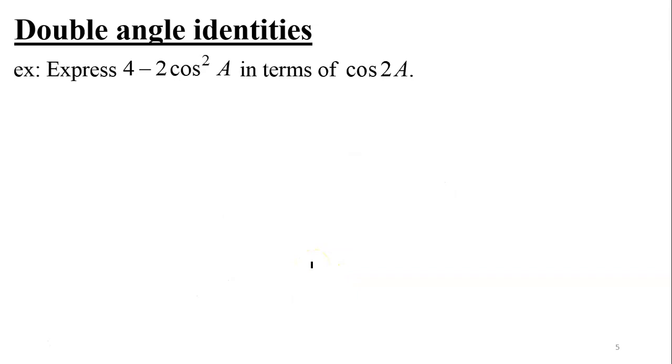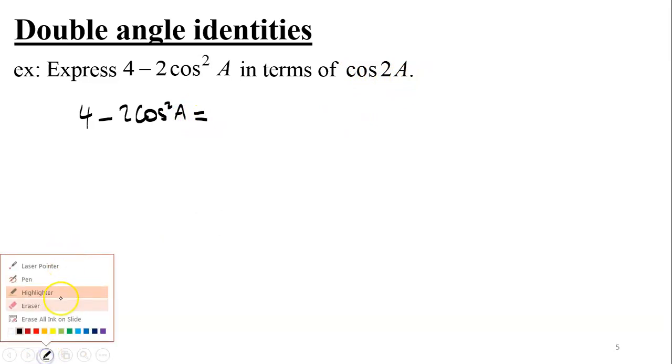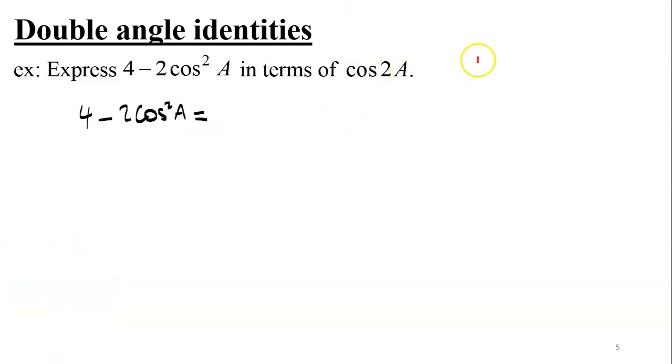Now in this fourth example, we have 4 minus 2 cosine squared a, which I need to write in terms of cosine 2a. Now referring back to the double angle identity of cosine, we already have 3 of them.